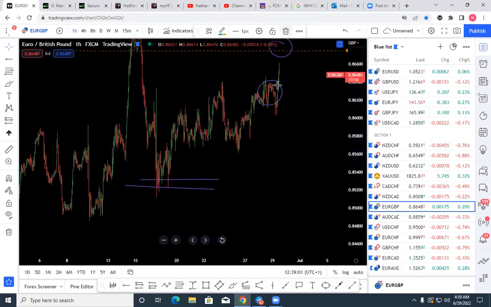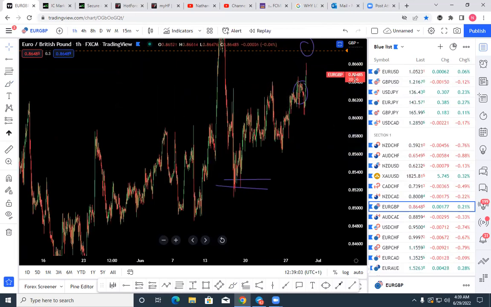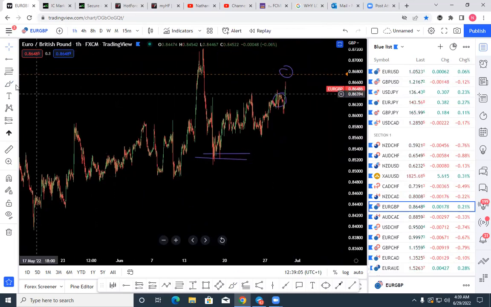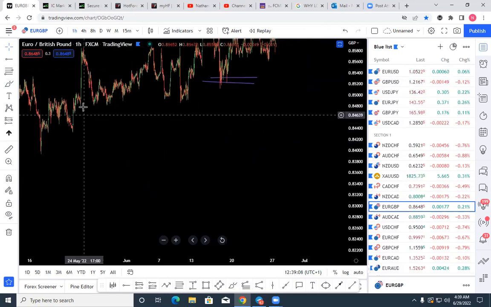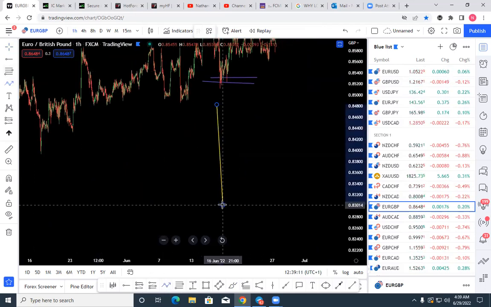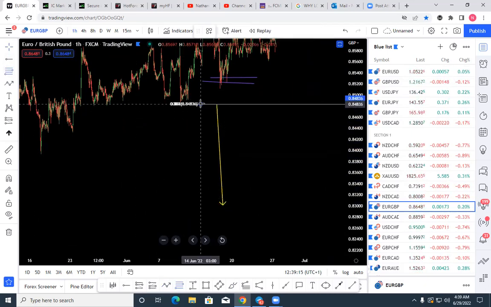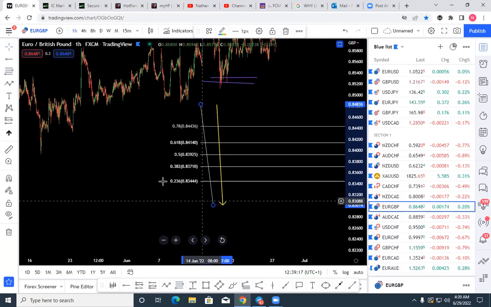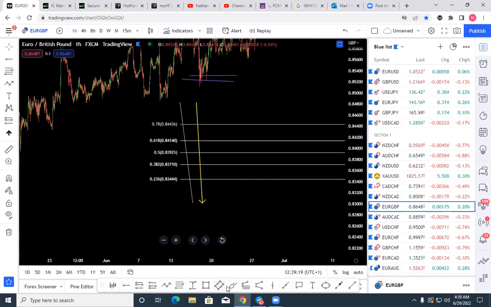Because I am seeing the nature of the corrective structure. Some of you, when you see an impulse, let me reiterate this fact again. When you see an impulse like this, they have taught you from elementary forex to just take a fib and say, okay, this is a 50, this is a golden ratio, 61.8.